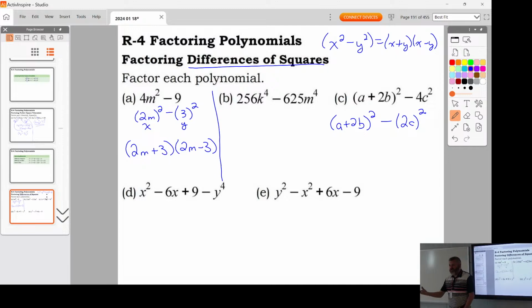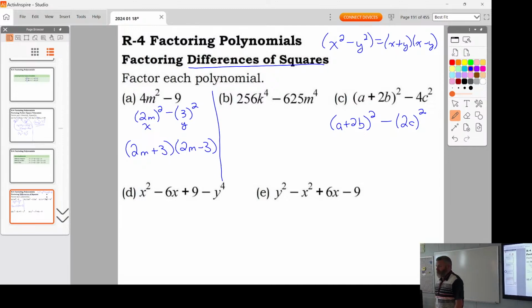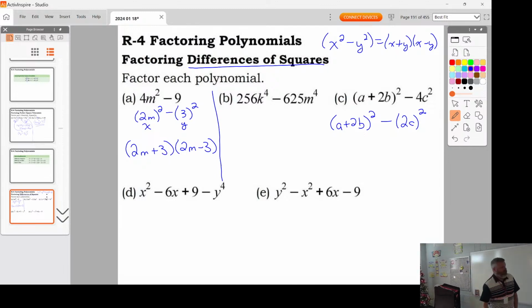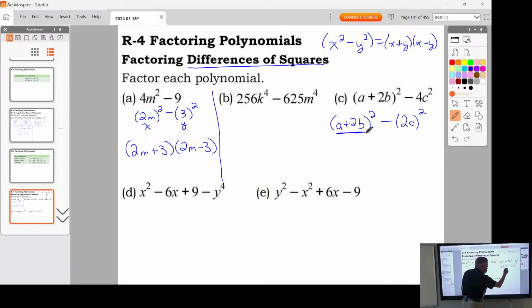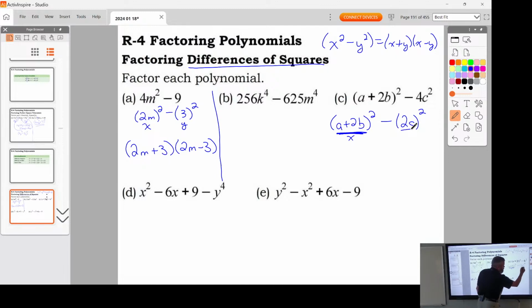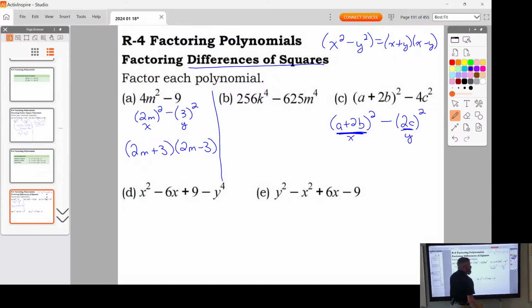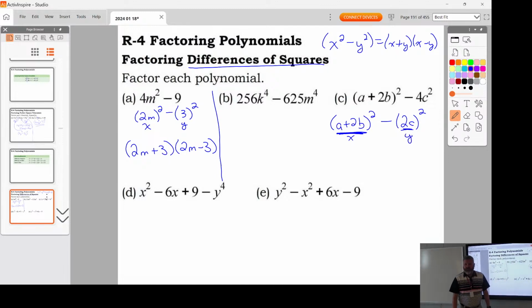Does anybody have a question with that step? Okay, guys, this right here, that is my x. This right here, that is my y. So let's just apply that rule. It factors into x plus y.